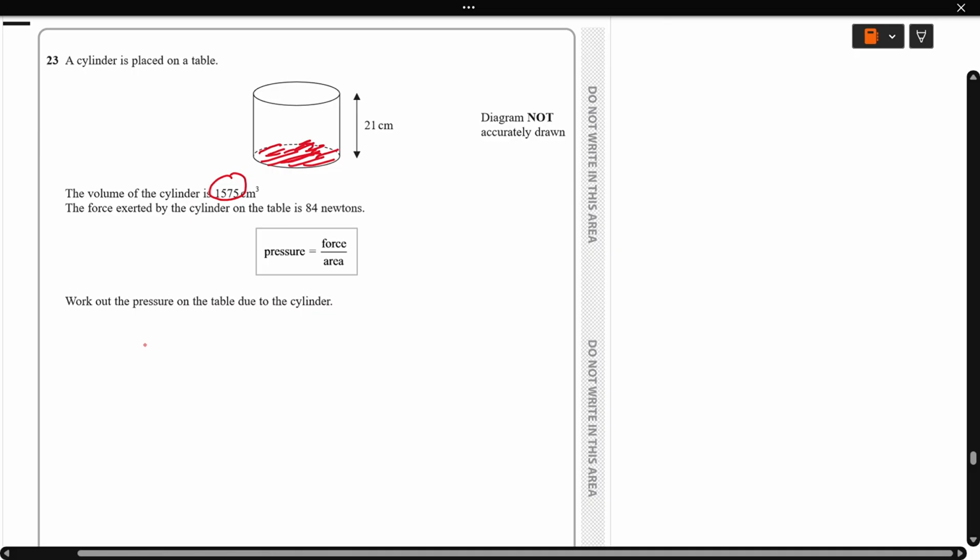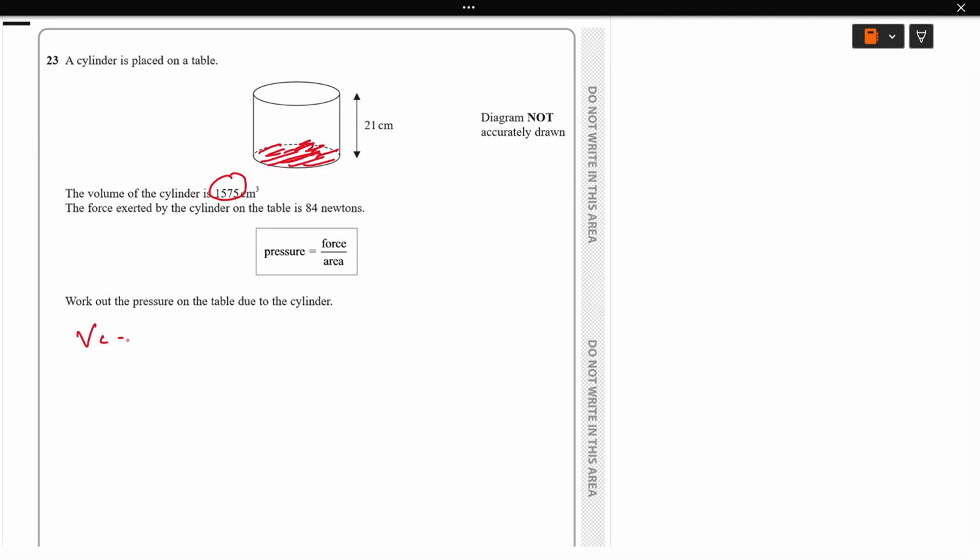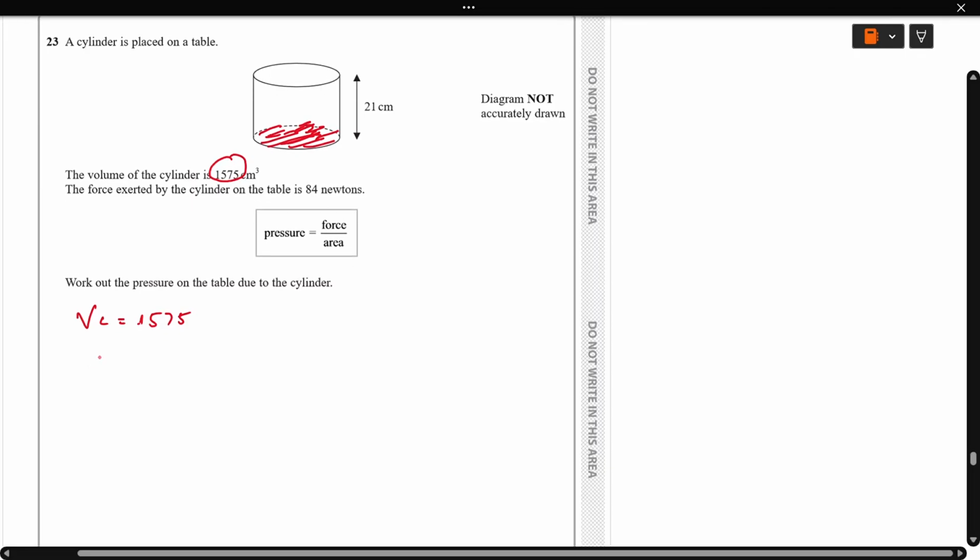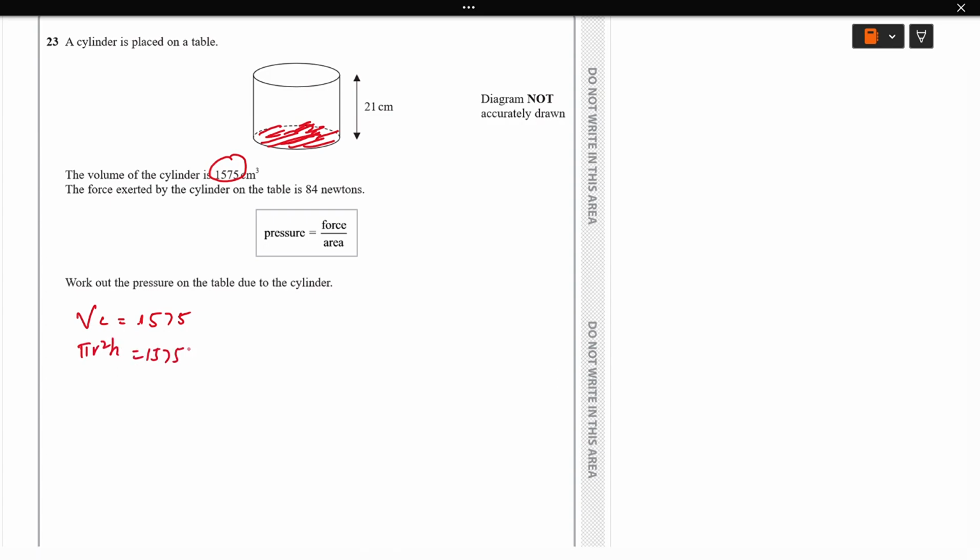For r, we have the clue here. The volume of a cylinder formula must be given in the formula sheet. So I'll write the formula: volume of the cylinder is pi r square h equal to 1575. We need to find the radius, and the height is given as 21, so pi r square times 21 equals 1575.